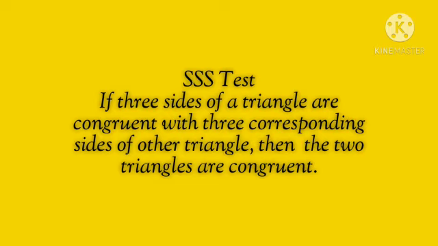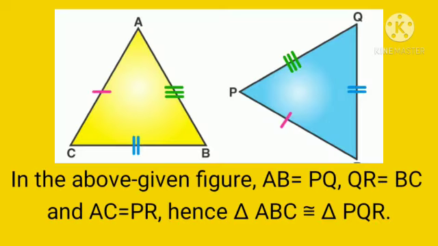Now, SSS test. If 3 sides of a triangle are congruent with 3 corresponding sides of the other triangle, then the two triangles are congruent. For example, in the figure, triangle ABC and triangle PQR is given.